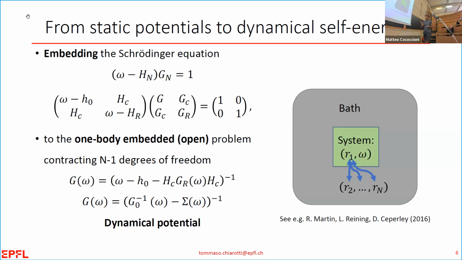This is a linear system, so you simply use the second equation in the first one, and you get something like this. This is the one-particle Green's function of the system. Now, what happens when you do something like this?